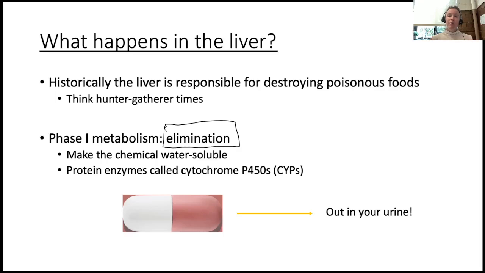So a lot of what's happening in this first type of metabolism is, okay, let's get this chemical ready to be released in your pee. We need to make it water soluble so we can get it out in the urine. The proteins that do this type of chemistry are called cytochrome P450s.